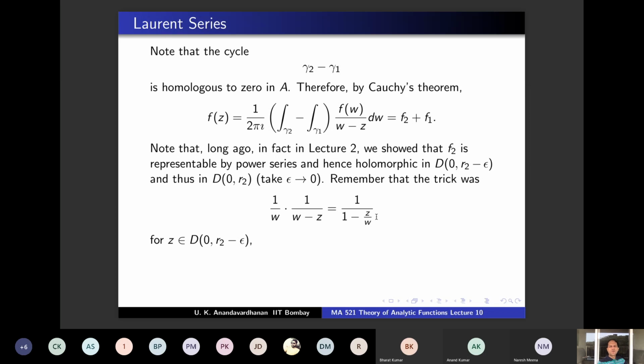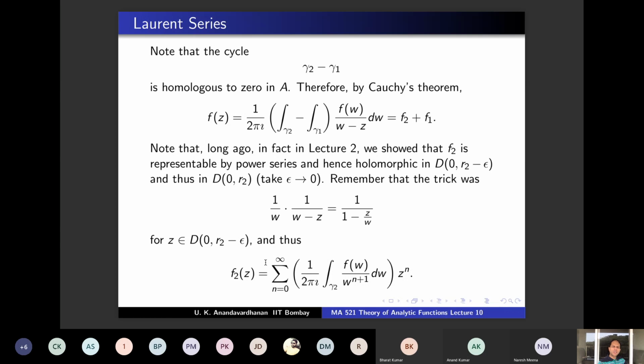Therefore, mod of z by w is strictly less than 1. So this has a geometric series expansion, and that's what we used. And therefore, 1 by w minus z you will substitute, and you will get summation z by w power n by w, so summation z power n by w power n plus 1.